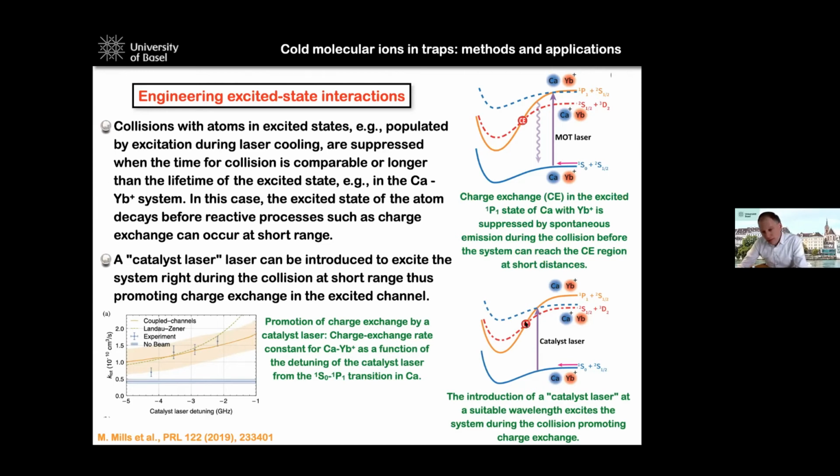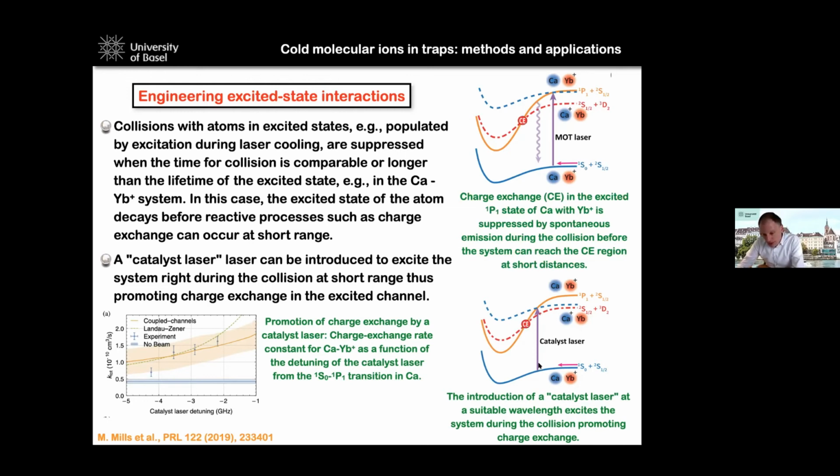In calcium ytterbium plus, one also has non-adiabatic charge transfer at short internuclear distances. This is usually not seen in normal experiments without this catalyst laser, because the excitation needed to access the region of non-adiabatic couplings occurs before the two collision partners can come close enough for this non-adiabatic charge transfer to kick in.